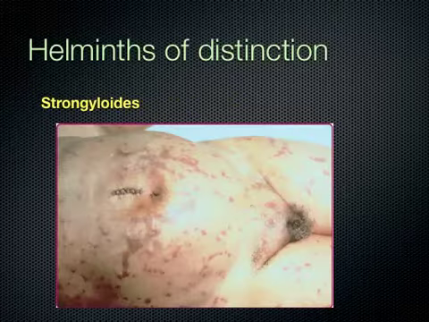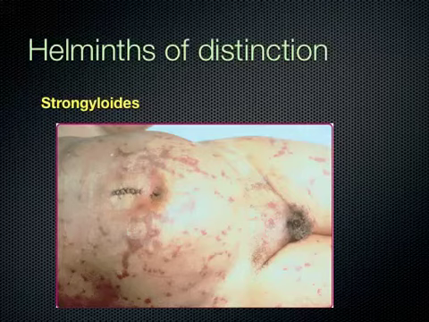The other one is strongyloides. This is a really disseminated infection of strongyloides. I think the thing to know about what's different between strongyloides and the cutaneous larva migrans is that it's kind of a similar thing. There's going to be infected skin or membranes. It's going to be super itchy. This is one that's spread through human feces. Most people are infected for life and never even know it, although you can get these symptoms at any point during the life cycle of the worm.